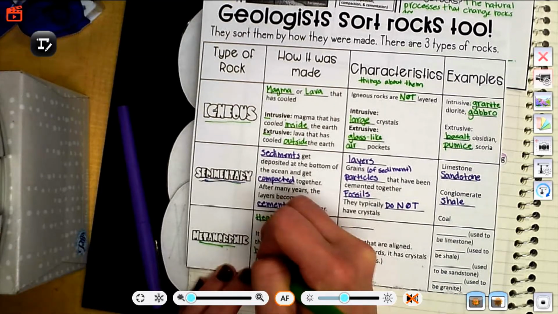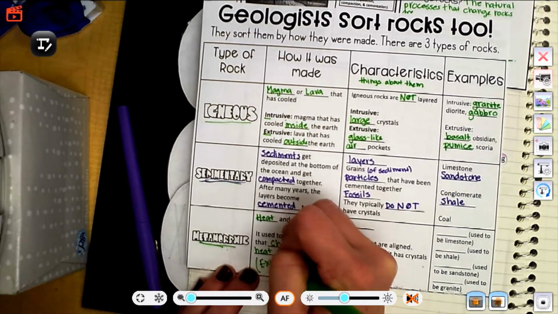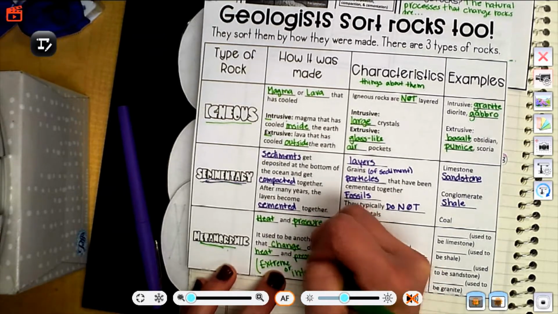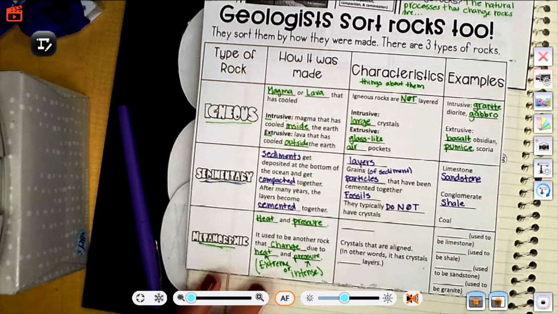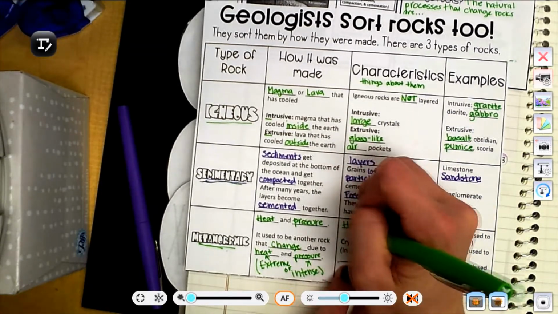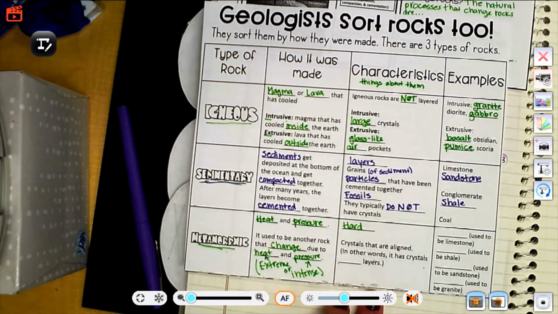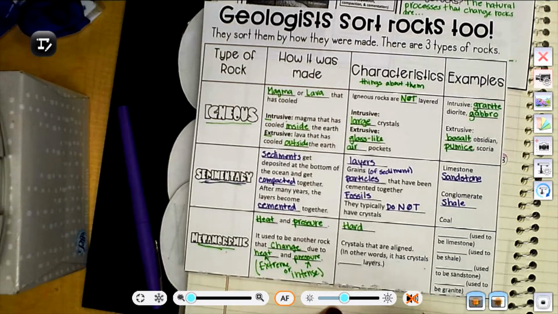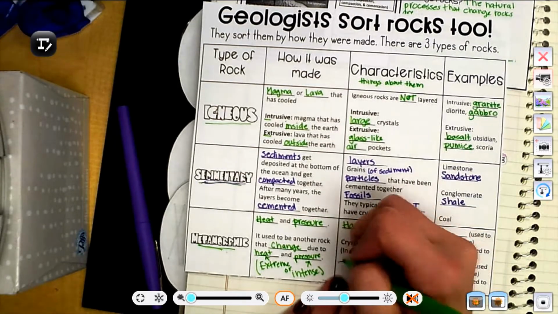Remember, that is extreme or intense heat and pressure. They are typically very hard because they've been squeezed together so tightly. The crystals are aligned. That means they get lined up. So in other words, it has crystals and layers.